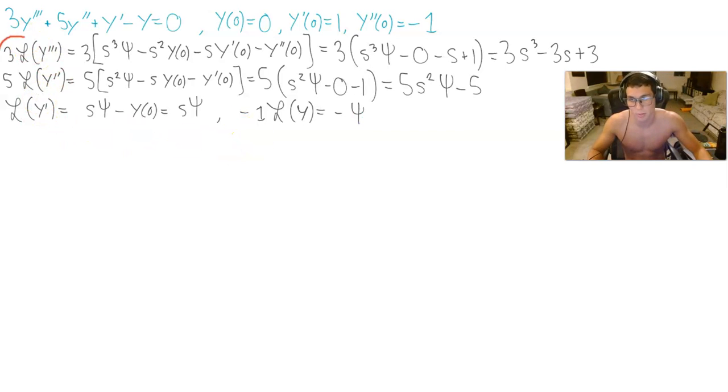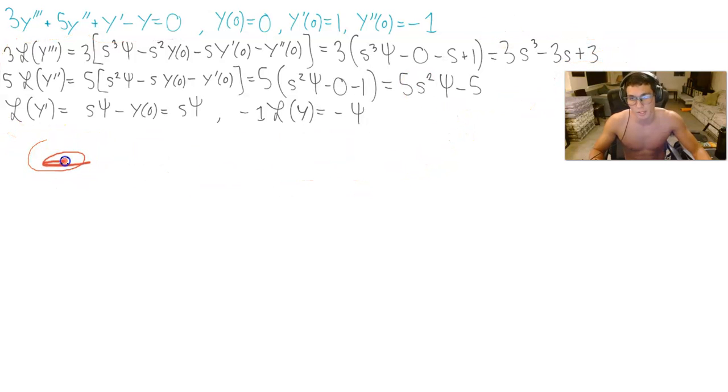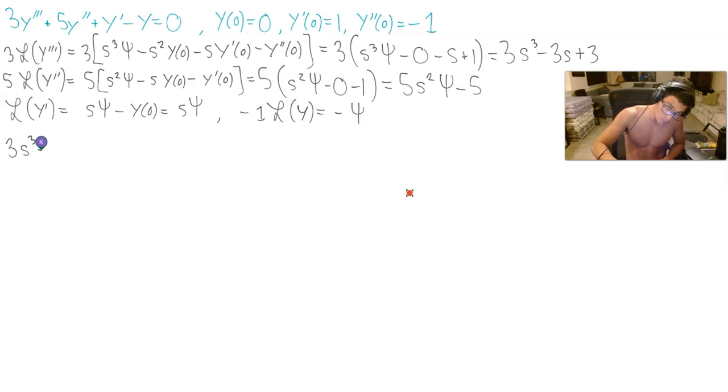Okay. So with all this information, this is everything on the left-hand side once we do the Laplace transformation. We're going to add it up right here on this line. Okay, so let's do that. So it's going to be 3s cubed. One second. I realize I made a minor mistake. Hopefully you can comment and say that you saw it. 3 big Y, right? There's big Y here. It just randomly disappeared, but yes, it's there.